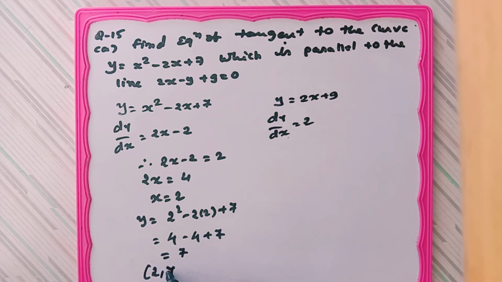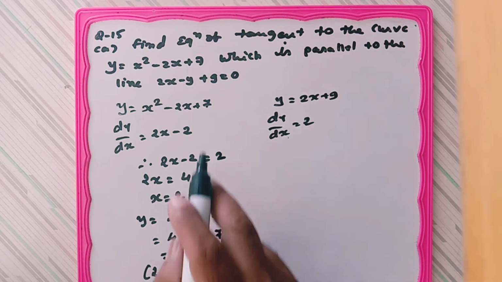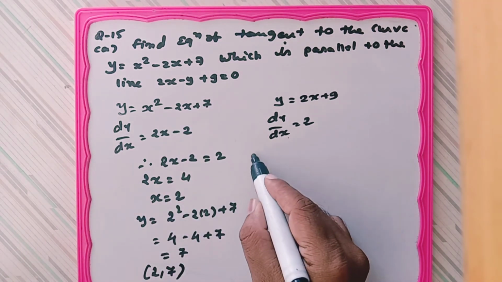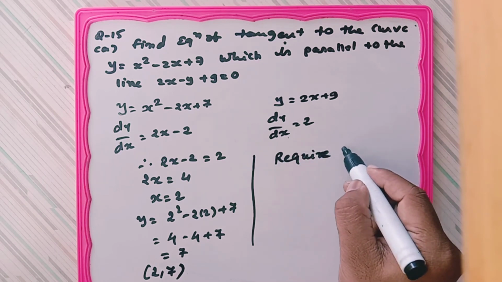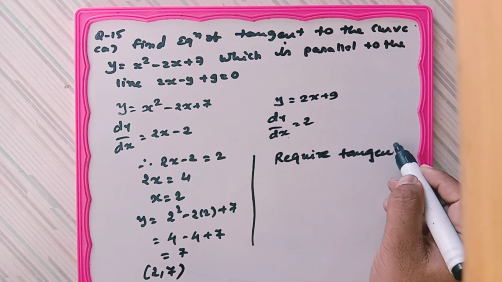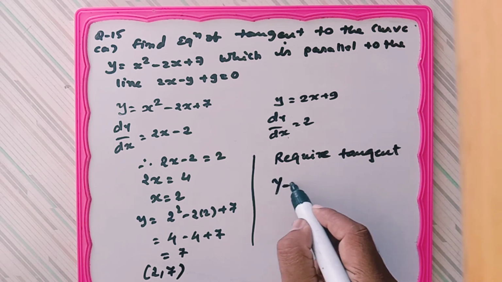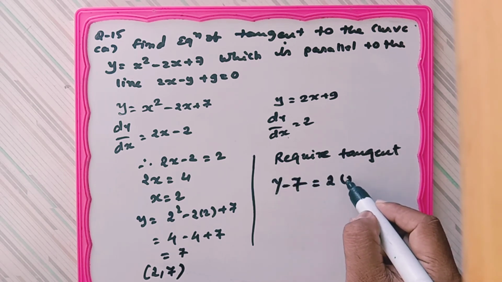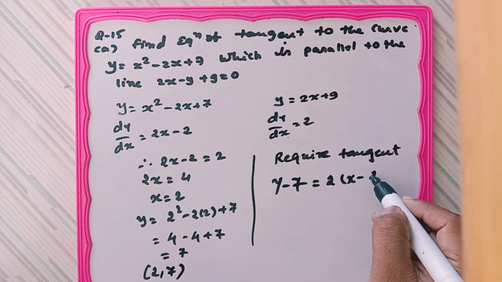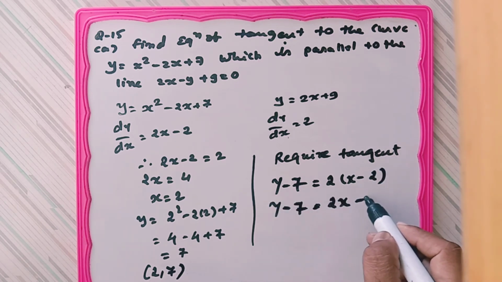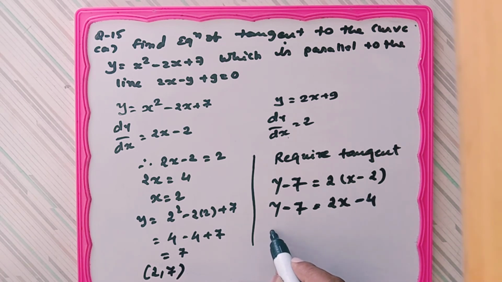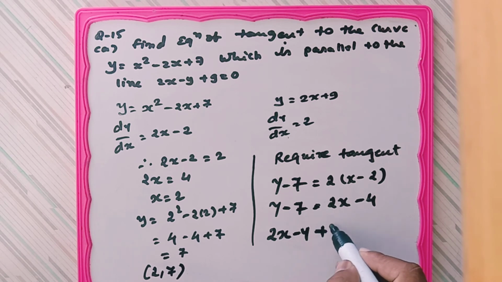The tangent at (2, 7) will be parallel to this line, and so the required tangent will be y minus 7 equals 2 into x minus 2. So y minus 7 equals 2x minus 4, and so 2x minus y minus 4 plus 7, which is 3, equals 0.